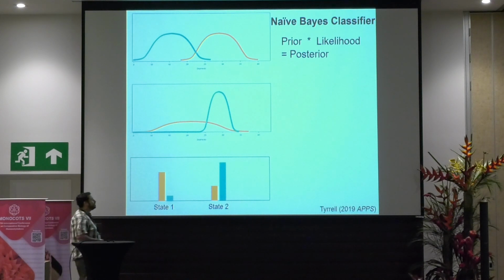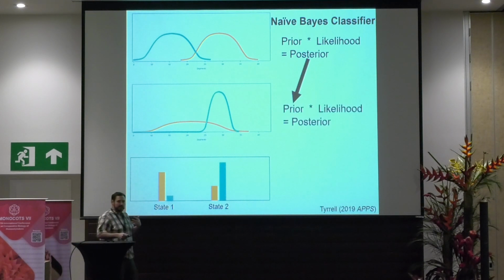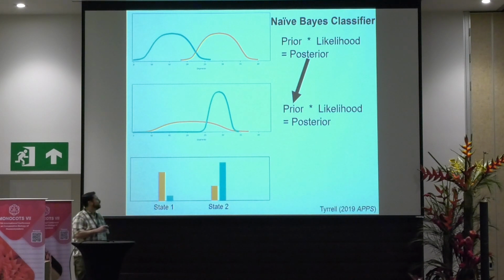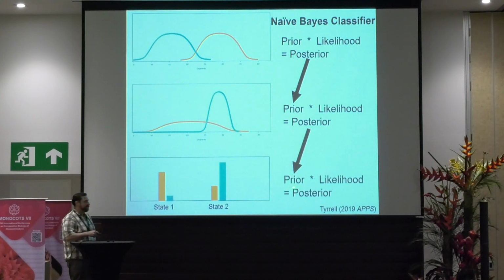So we start off with a prior probability. You could go with how common a species is, or you could just go with everything is equal and multiply it by your relative likelihood. That yields a posterior probability. The posterior of the first iteration becomes the prior of the next iteration. Then you do the likelihood of this character. You get a new posterior. That feeds into the prior of the next character, and so on and so forth.